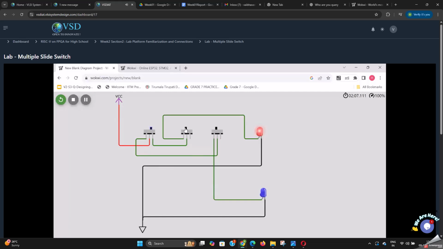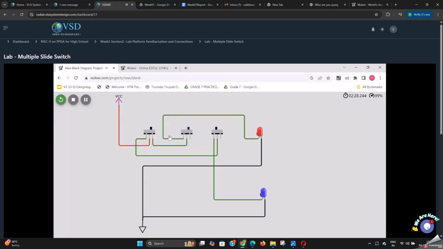If I operate the second switch, both the LEDs are off. Why? Because even though the first switch is on, the second switch is now off with respect to this position.